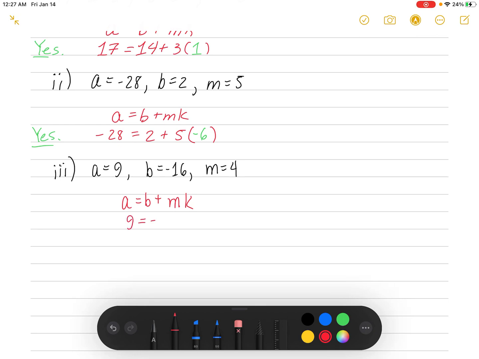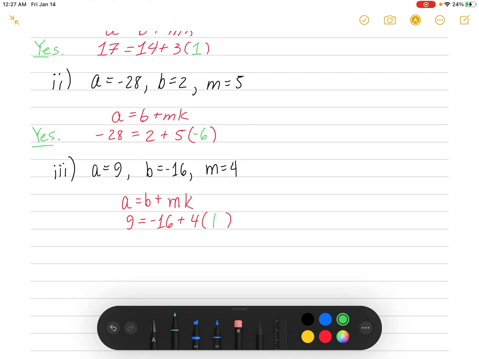So you've got 9 equals -16 plus 4 times something. Can you find a k here that works? I don't think you can. Yeah, there's no k that works. For example, if you tried 1, you get -16 plus 4.